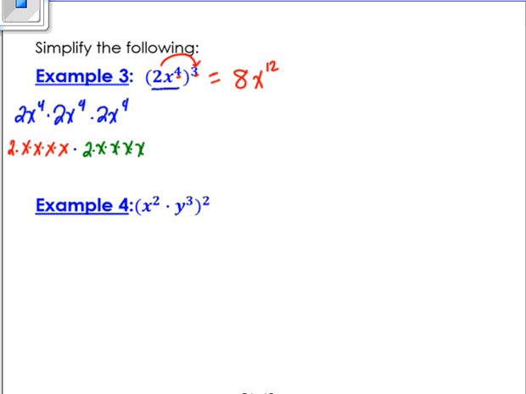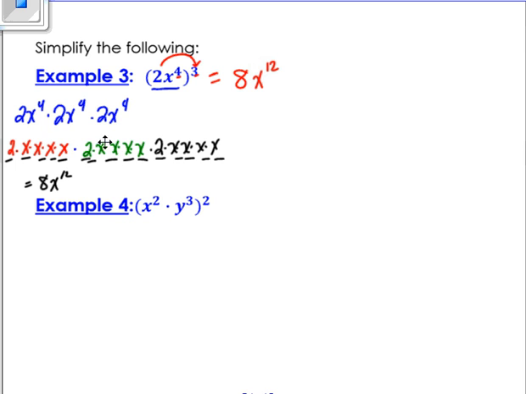And then I have another 2x to the fourth, which is 2 times 4 x's. And if I multiply that out, I get 2 times 2 times 2, which is 8. That's how they got the 8. And then I have 1, 2, 3, 4, 5, 6, 7, 8, 9, 10, 11, 12 x's being multiplied together, which is how they ended up with 8x to the 12th.